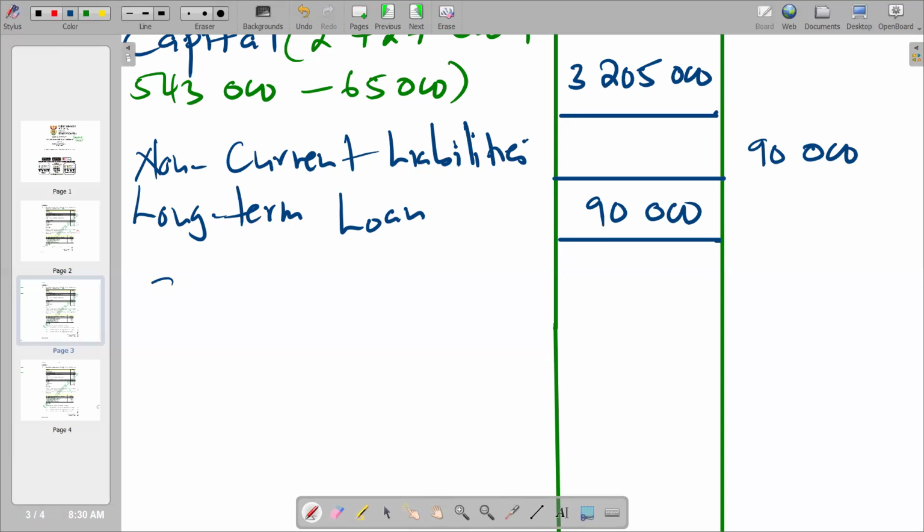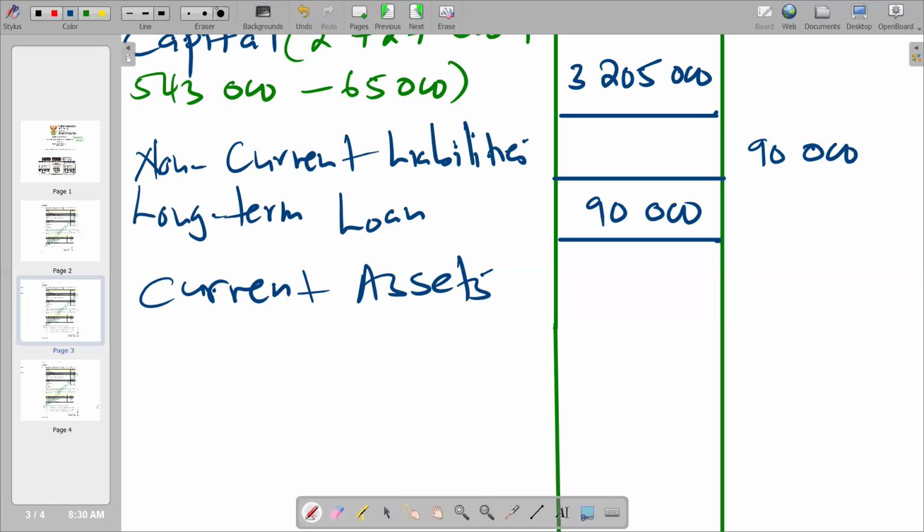And then we go to the section for current liabilities. Sorry, it's supposed to be current liabilities. Remember, we are now on the liability section.